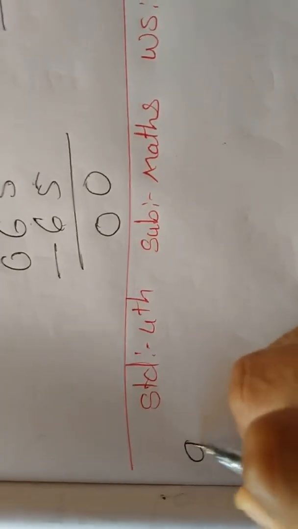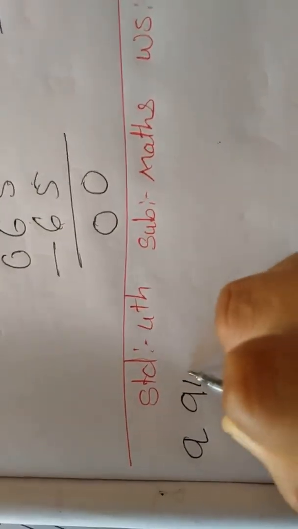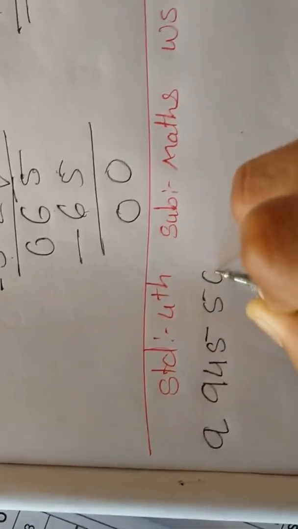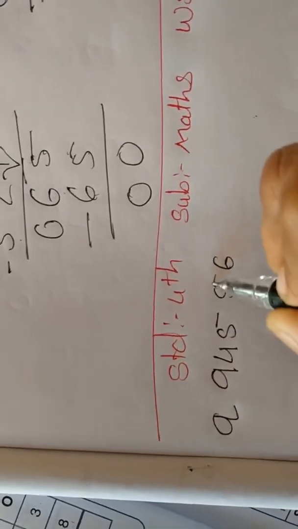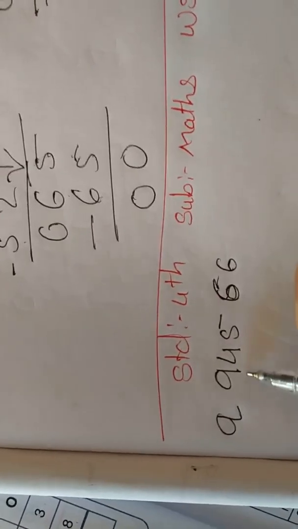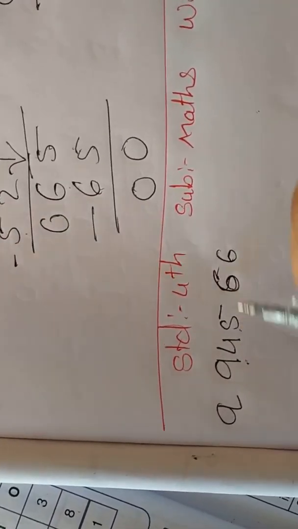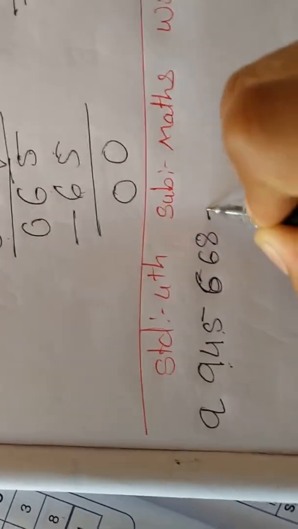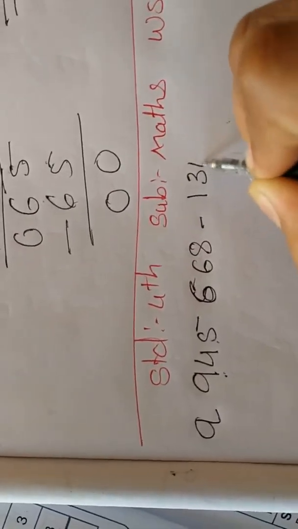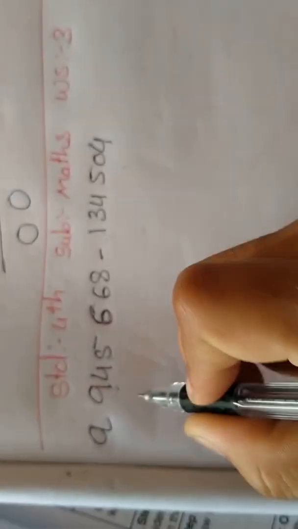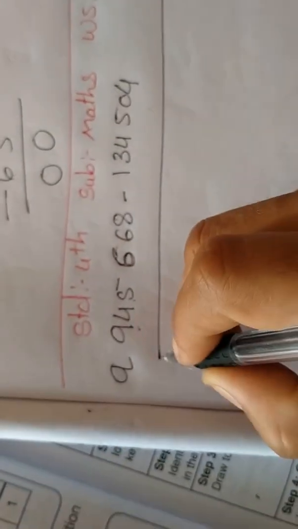The first sum is 9,45,668 minus 1,34,504. Now students, we have to draw the place value table.